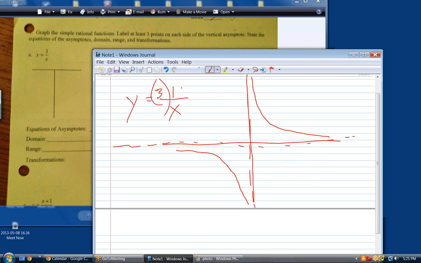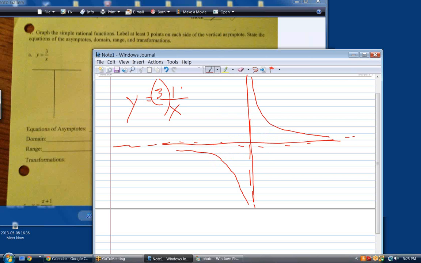And notice that the difference between 3 over x and 1 over x is a vertical stretch. The consequences of a vertical stretch are going to be like that. In other words, you can't tell the difference by looking at it, whether it's 1 over x or 3 over x.